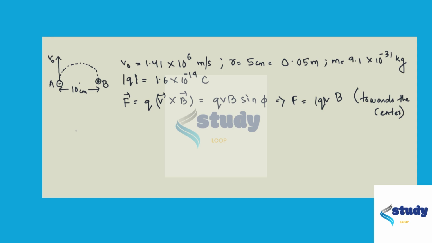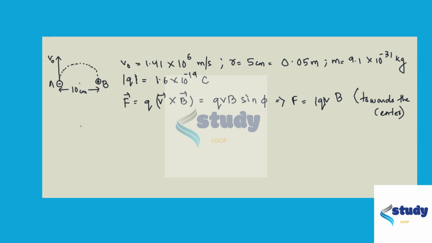The particle is moving in a circle, and for circular motion the acceleration is directed towards the center of the circle. The centripetal force is exerted by the magnetic field, or we can say that the centripetal force is basically the magnetic force here because it is the only force acting on the electron.